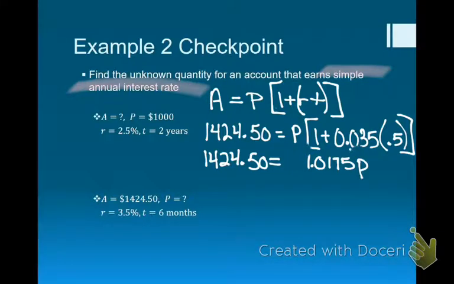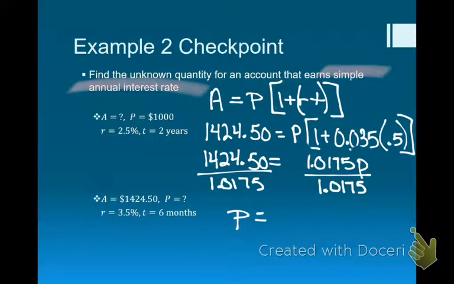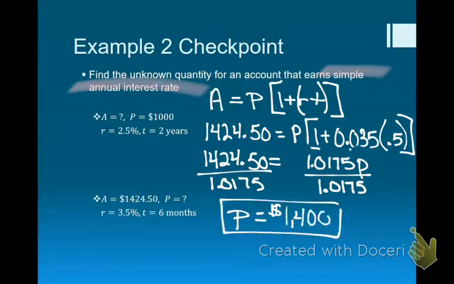Okay? So now, how do you solve for P? You divide both sides by 1.00875. And P equals, it doesn't seem like it could possibly be a whole number because of the long decimal, but it is. It's $1,400. So I'm going to ask you the same question that I asked you on the last question. How much did you make in interest? $24.50.